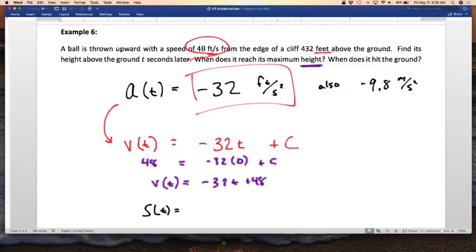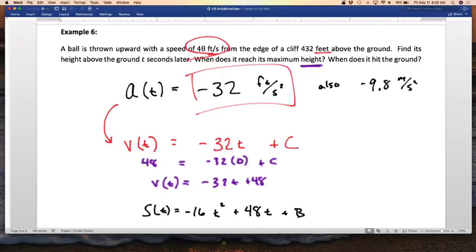So we should understand by now the antiderivative of negative 32t, that exponent's going up by 1, brings it up to 2. So I've got to multiply by the reciprocal of 2, which brings negative 32 to negative 16. I've got to add a t to the 48, and then I've got another constant.